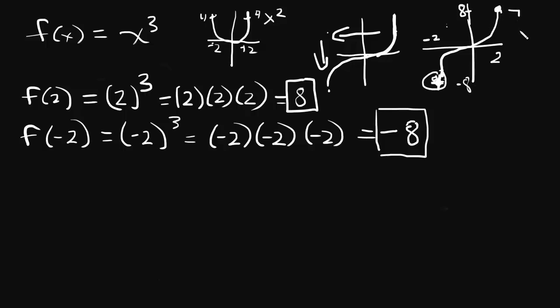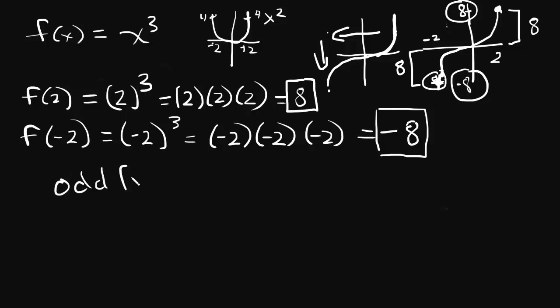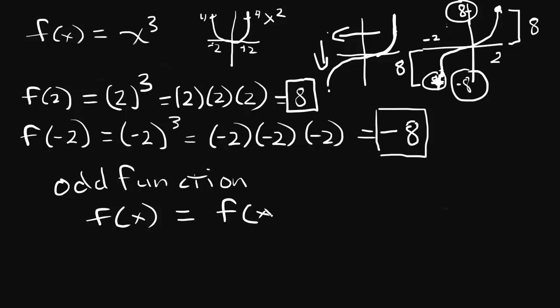So we've got, in both cases, the same distance, 8, from the x-axis, but in one case, the value is positive, in the other case, the value is negative. So we've got symmetry, and it's a perfect matchup in every respect except one. The sign has changed. So the way we express this is, well, for an odd function, f of x is going to be f of x.